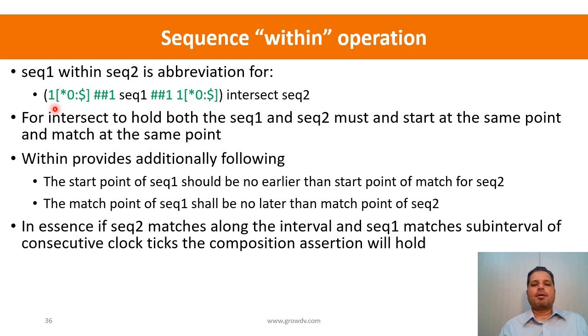So you have a consecutive repetition of 1 true, followed by double pound 1 clock delay, sequence 1 happens, and then 1 clock later again you have the true.